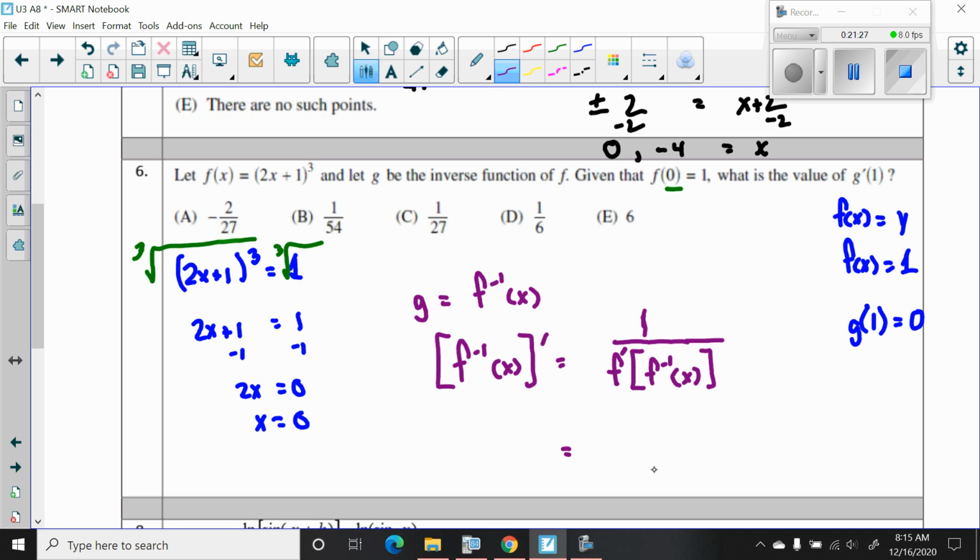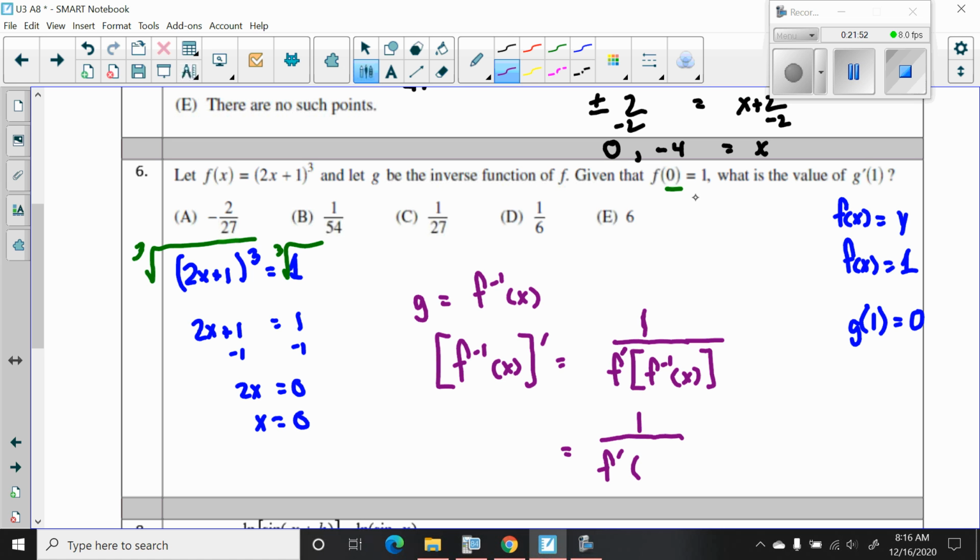That's what I'm missing. Yeah, because it was the chain rule. All right. So f prime and the inverse of x, which was the g of 1. So it's the g of 1, which is 0.